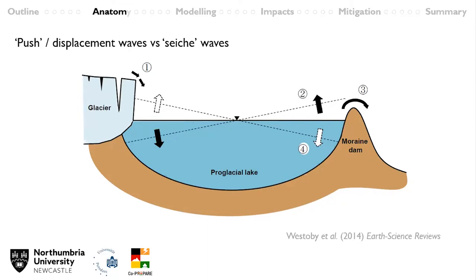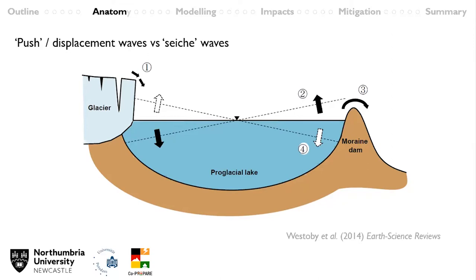The diagram here tries to show that, where we have this oscillation around a central pivot point of that water body. In terms of GLOF hazard, seiche waves, this full-scale mobilization of lake water, are really quite significant and can be more devastating than a single or a couple of displacement waves, because once a seiche wave is initiated, you've got to wait until that oscillation dies down.